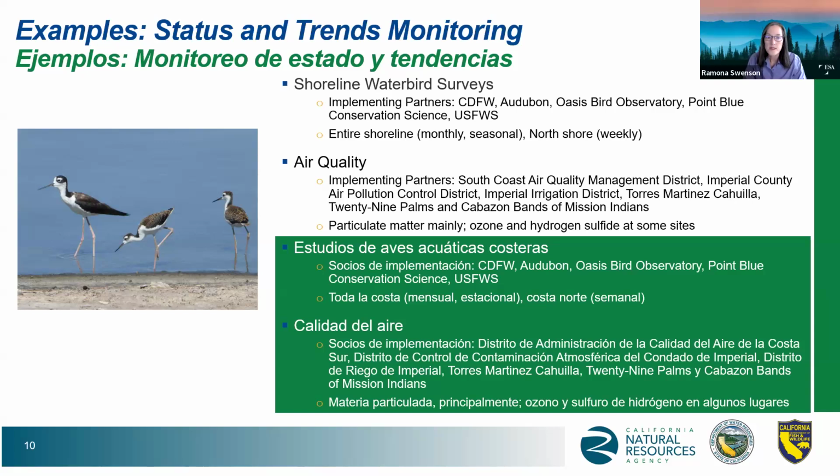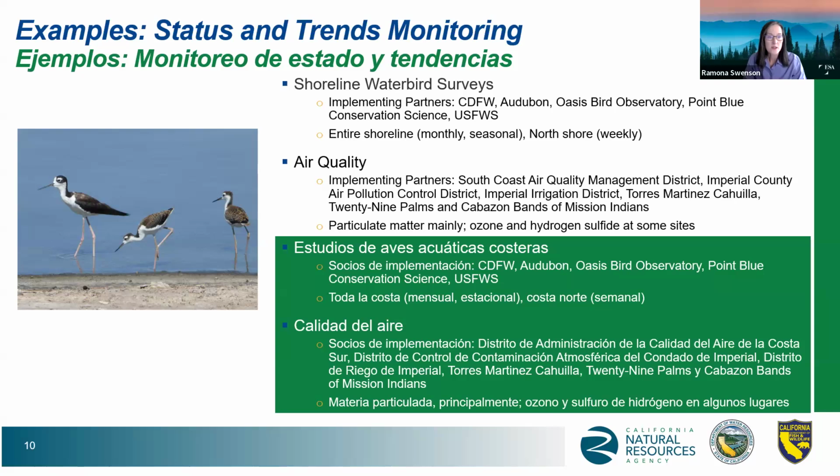These surveys encompass the entire shoreline of the Salton Sea and were conducted monthly and seasonally, depending on the method and focus. In addition, the North Shore has been monitored weekly by Oasis Bird Observatory. And these surveys are an example of the leveraged collaboration that can happen among research partners.